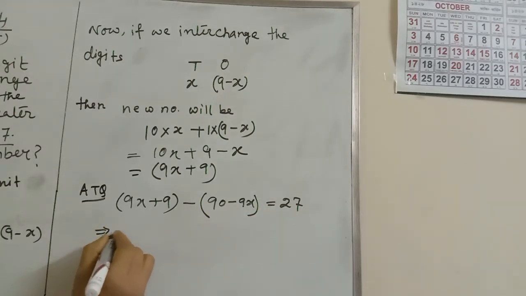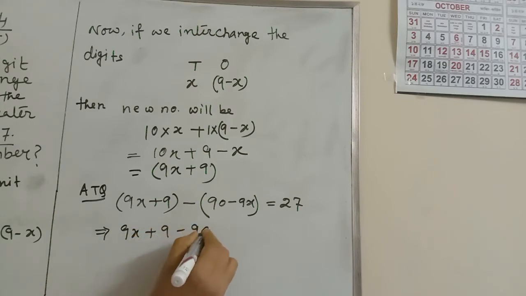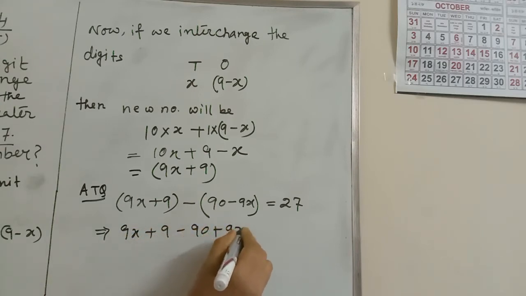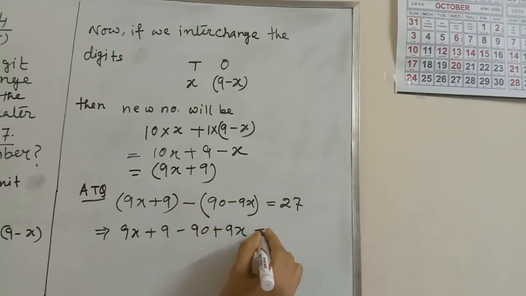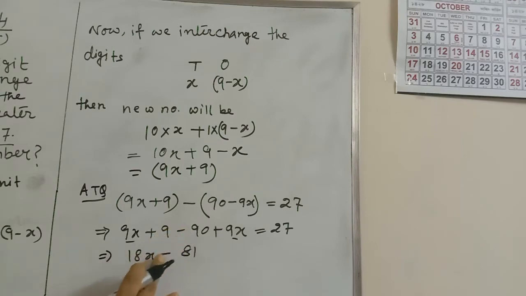Now simplify this. 9x plus 9 minus 90 plus 9x is equal to 27, since minus minus is plus. 9x plus 9x, like terms, will be 18x. 9 minus 90 will be minus 81, and the larger number's sign will come in front. So 18x minus 81 is equal to 27.